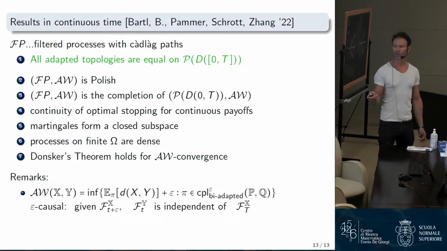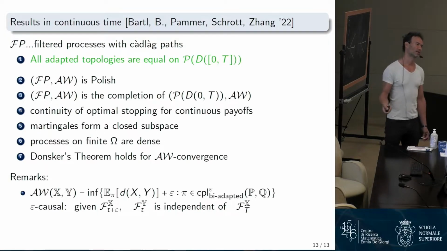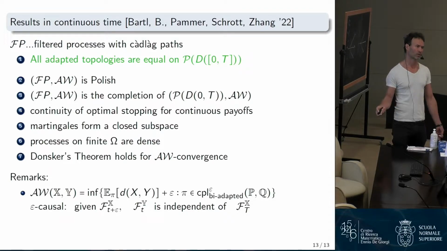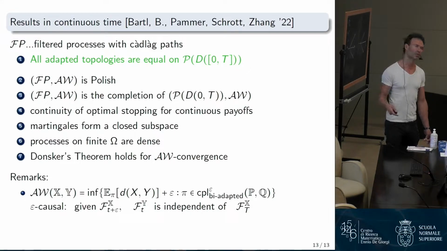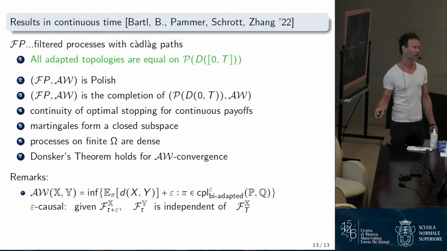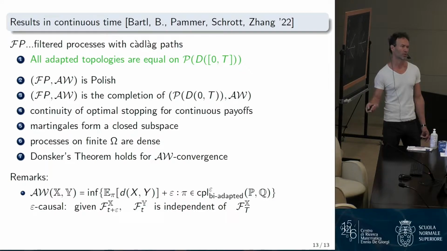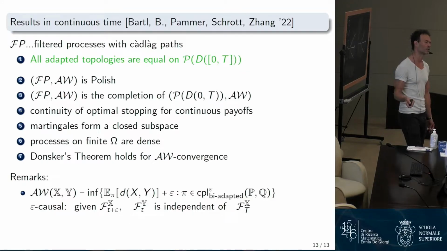So you're allowed to look into the future for an epsilon time step, and you pay an epsilon price for this. It turns out that this is the metric which will metrize all previously known topologies. If you don't put the epsilon, you get a new metric, and this metric is too fine in the sense that you do not obtain a separable space anymore, and you have no approximation by simple processes anymore.